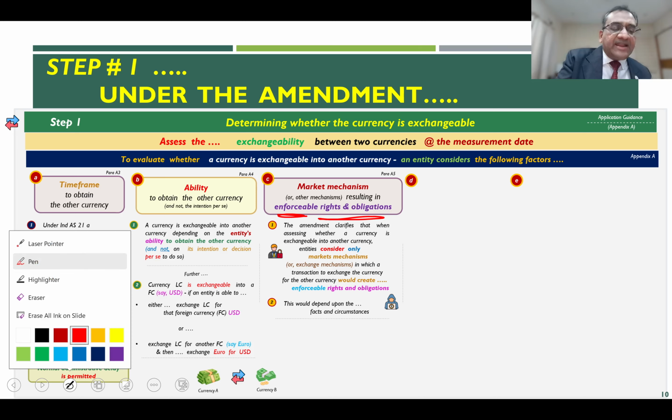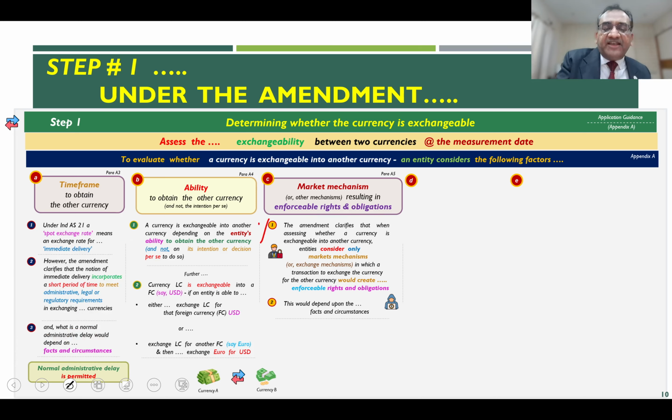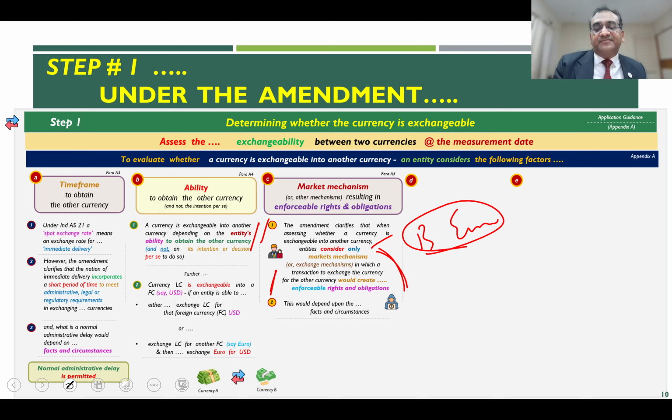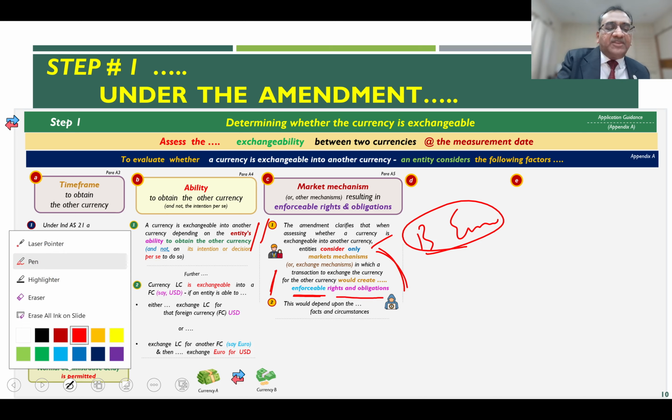So the amendment clarifies that when assessing whether a currency is exchangeable into another, Bolivar into Euro, the entity will consider only such market mechanism or exchange mechanism in which the transaction to exchange these two currencies would create enforceable rights and obligations. And of course, that would depend upon the facts and circumstances.